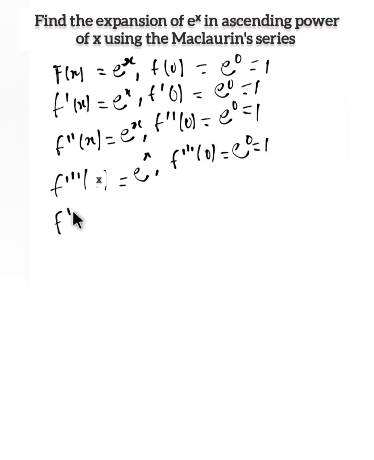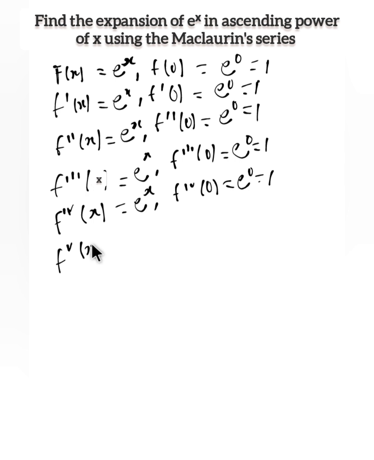The fourth derivative of x is also the exponential of x. The fourth derivative at 0 is also equal to the exponential of 0 equals 1. The fifth derivative of x is equal to the exponential of x. So the fifth derivative at 0 is equal to the exponential of 0 equals 1. So this implies that all the derivatives are equal to 1. Either f of 0, f prime of 0, f double prime of 0, all derivatives are equal to 1.